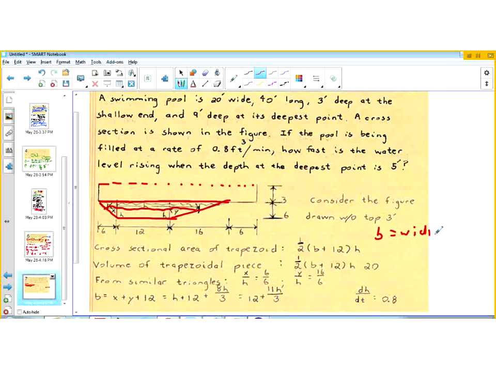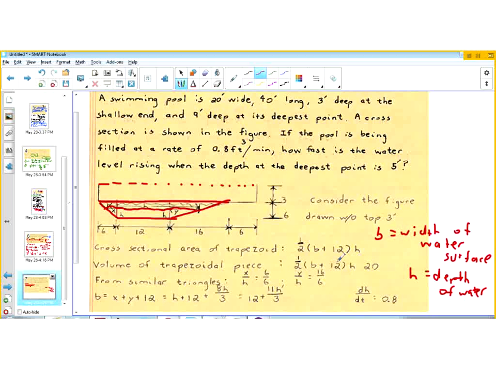So B is the width of the water surface, and H is the depth, or height, of the water. The area of the cross-section of the pool is given by this formula.